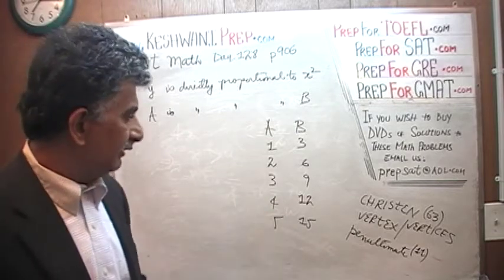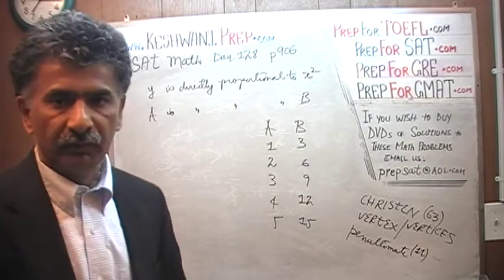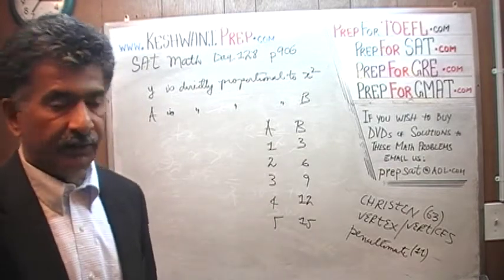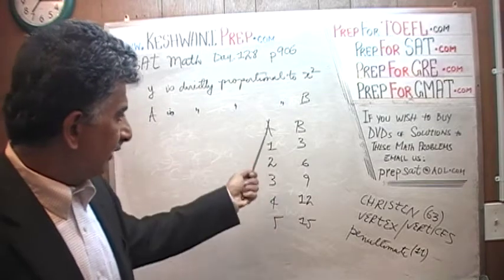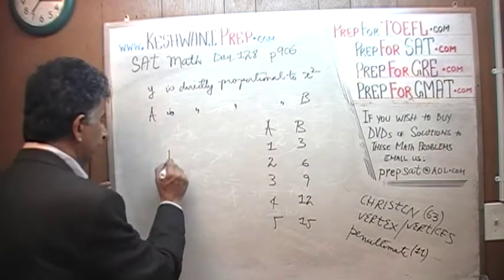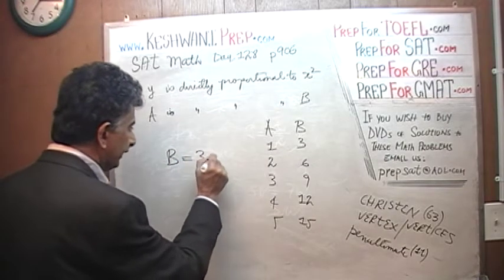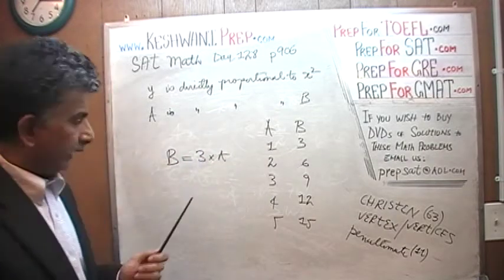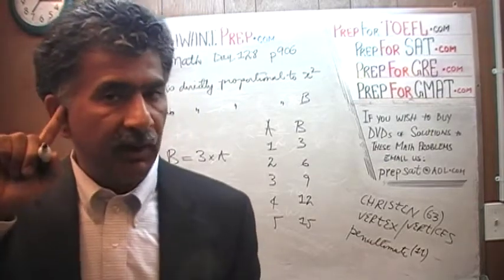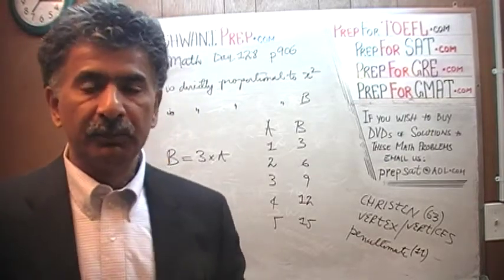When a is 3, b is 9. When a is 4, b is 12, and so on. Do you see a relationship here? As we can clearly see, b is always 3 times a. In this situation, we say these two variables are directly proportional.